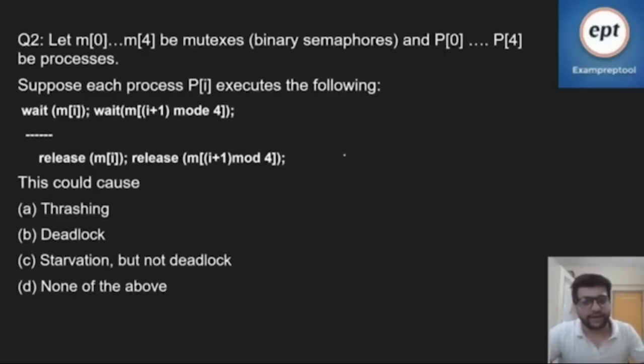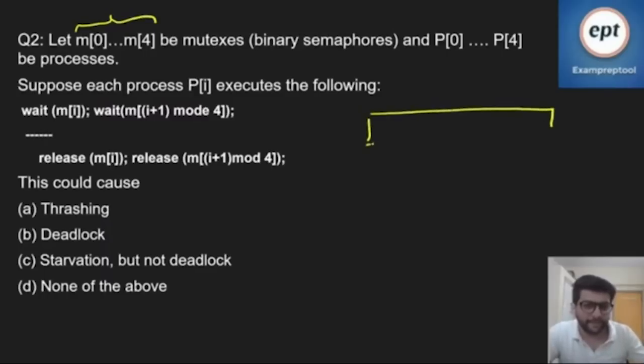Just pause the video and try the question once. So we have been given that there are M0 to M4. These are mutexes, so we have an array of mutexes, 0, 1, 2, 3, and 4.